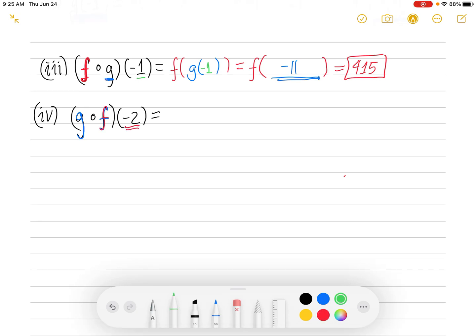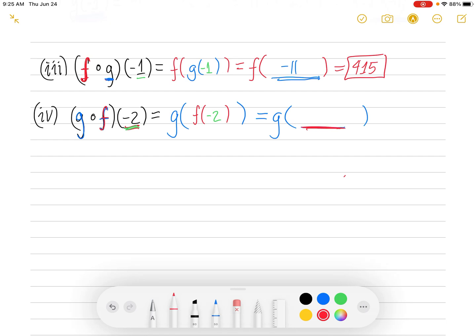So this time we have the blue function on the left and the red function on the right. And our input is -2. So I'm going to start from the left, and I'm going to write g on the outside. And then on the inside of g, I'm going to put the function on the right, f. And then inside of f, I'm going to put the input of -2.